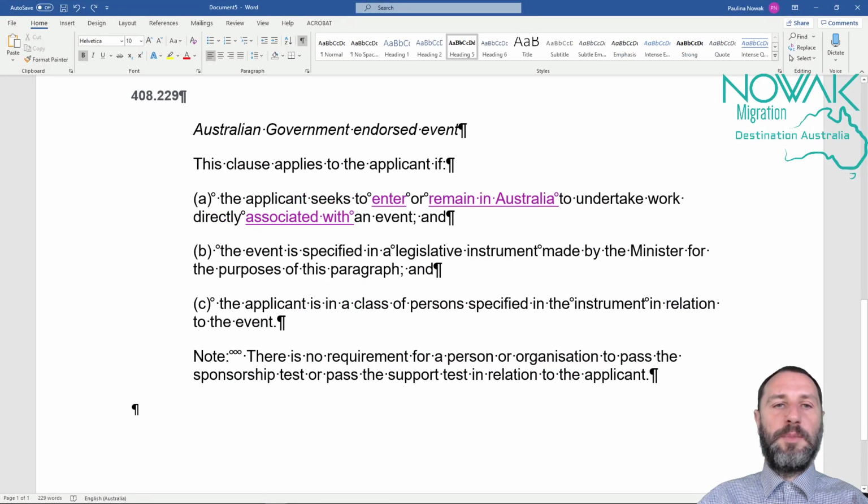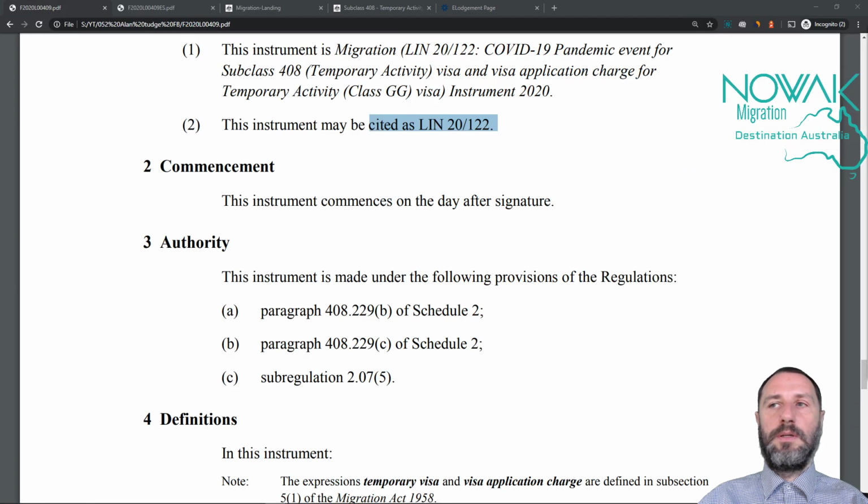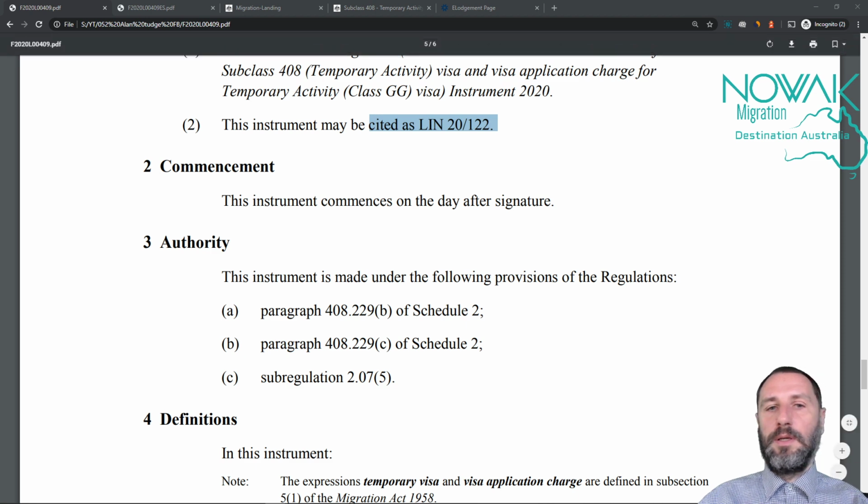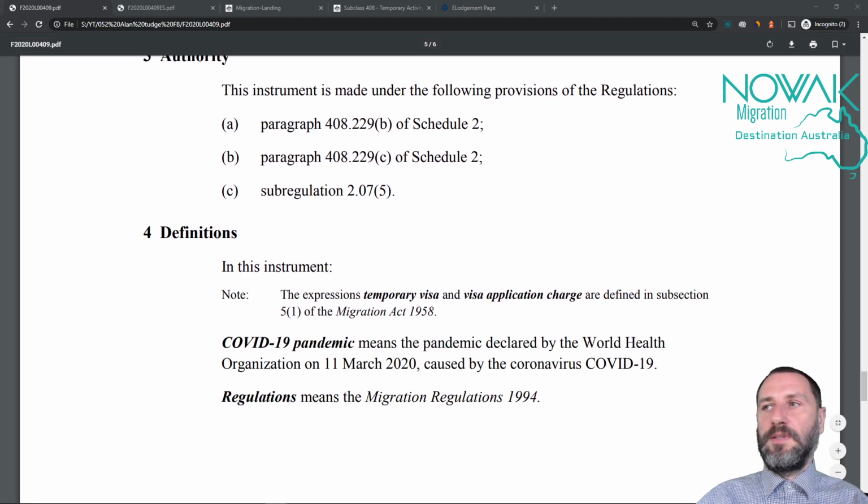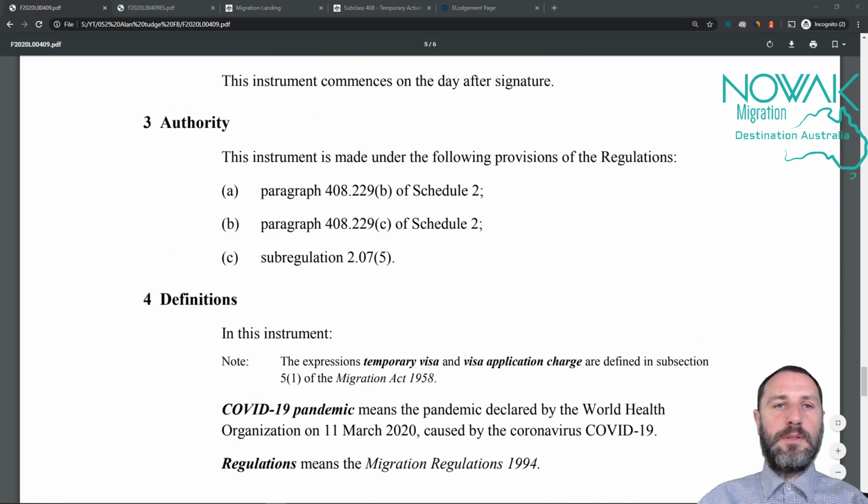And the applicant is in a class of persons specified in the instrument in relation to the event. See? And this is the one, subregulation 408.229c, okay? So that's more or less how it looks.